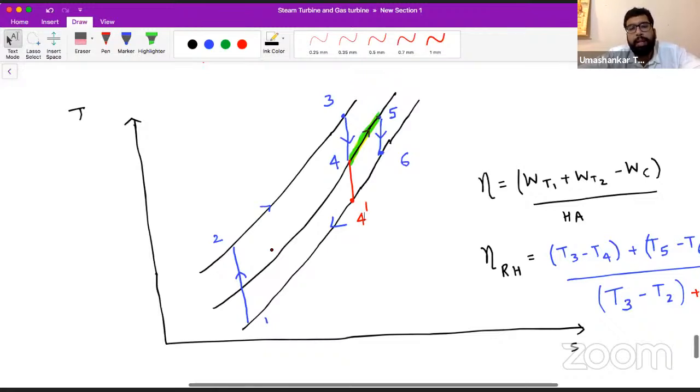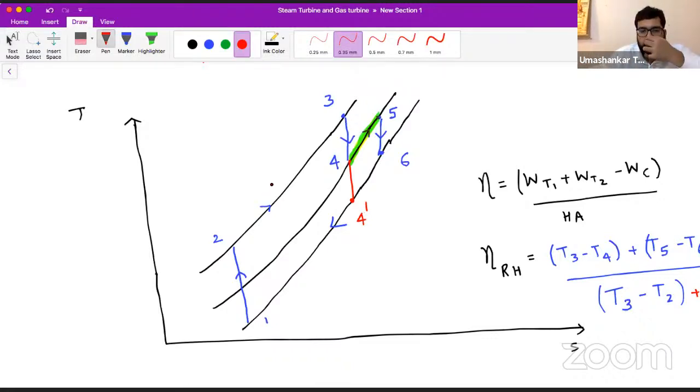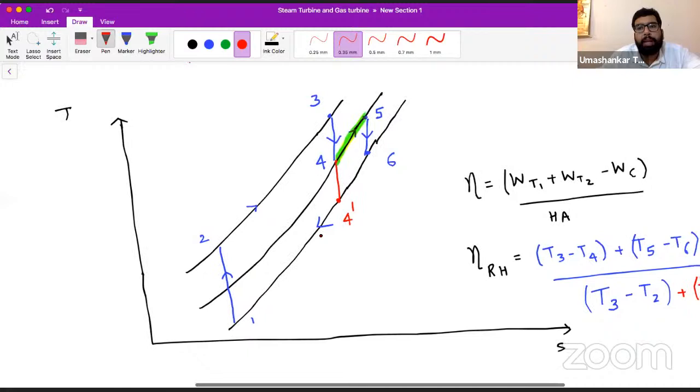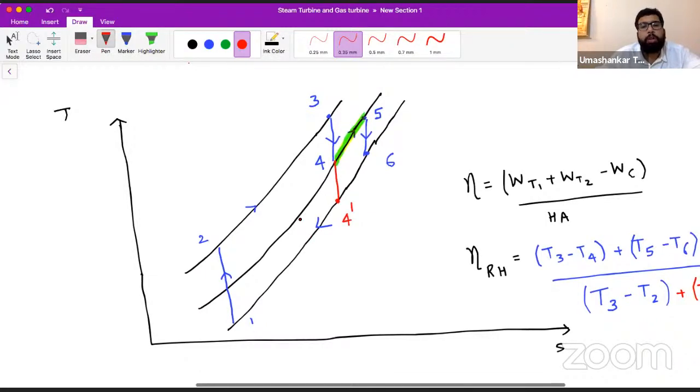So if we compare here in the original cycle, let us first see the heat rejection. In the previous section, I showed you how to compare the efficiency by using the fundamentals of mean temperature of heat rejection and mean temperature of heat addition. So let's just see here. Between 4-1, can we say that this is our TMR1?